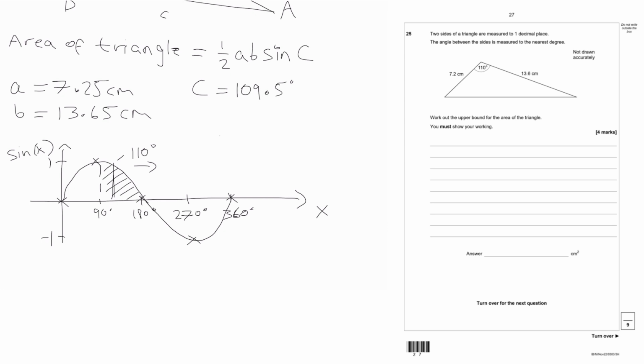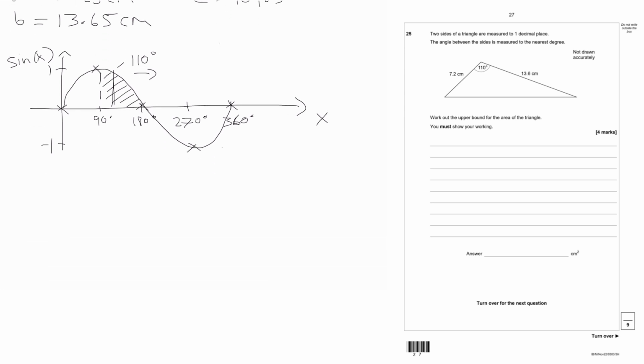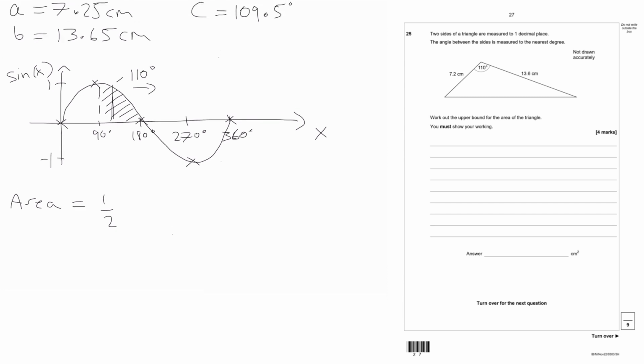So we'll round down to 109.5 degrees. So I'm just going to call this the area equals a half. And we've said A in this case is 7.25 centimetres times B, which we said is 13.65 centimetres, times the sine of C, and we've said that C is 109.5 degrees.